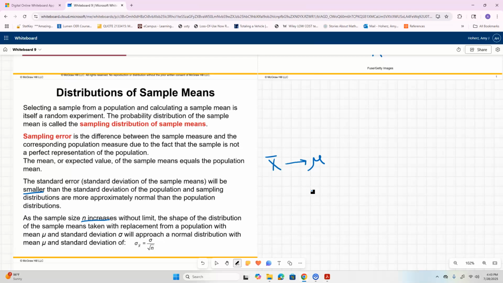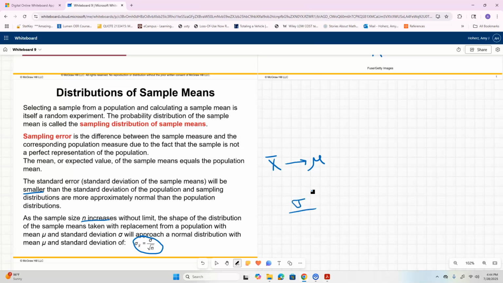And because of that, it changes the standard deviation. So the standard deviation becomes smaller. As you get a larger sample size, the standard deviation is less spread out. And in fact, it's less spread out by this amount. The standard deviation of the sample means, the standard deviation of the X bars, is actually whatever the standard deviation was before divided by the square root of the size of the sample.